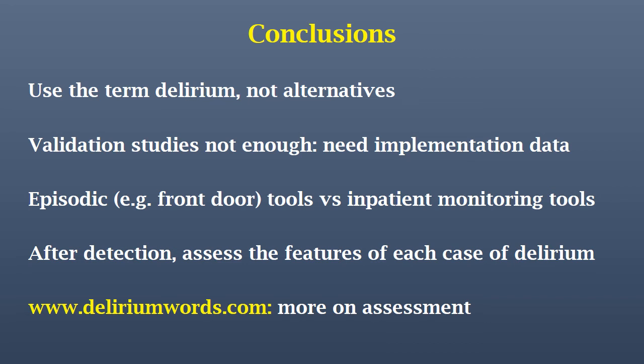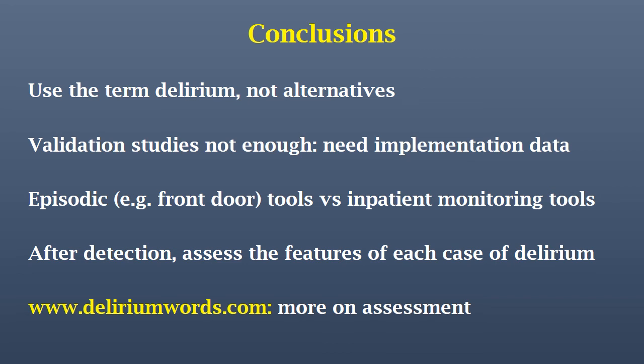I've drawn the distinction between episodic tools, that's tools that you might use at the front door in the ED, for example, versus tools that you would use to monitor for new delirium in inpatients. And these are different kinds of tools because of the different demands placed on staff and patients.